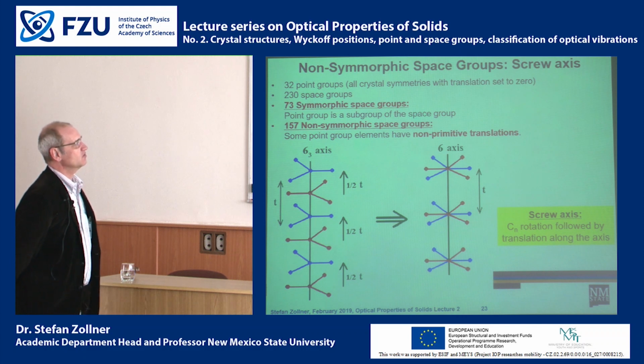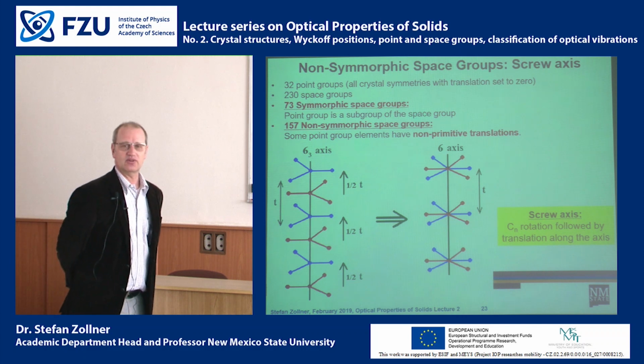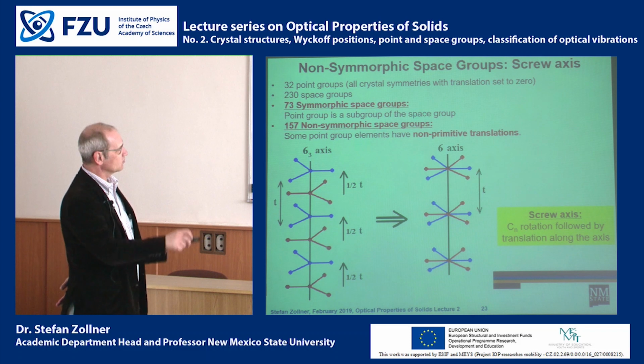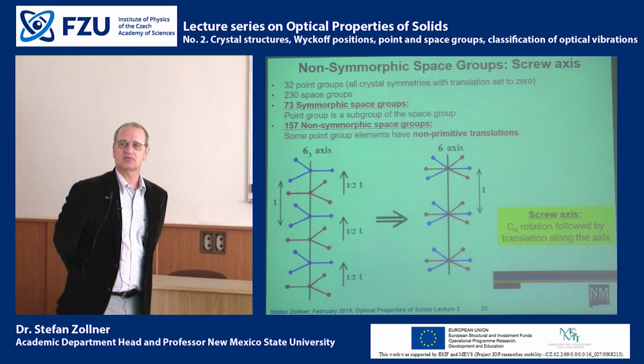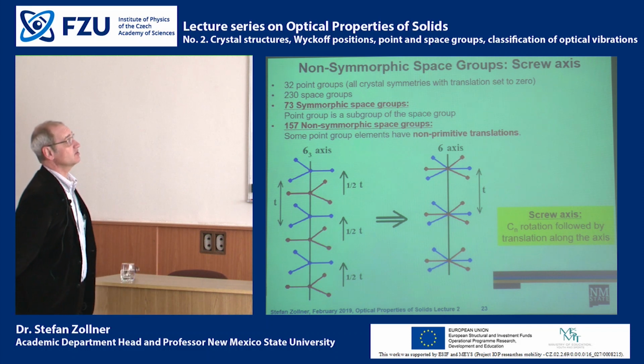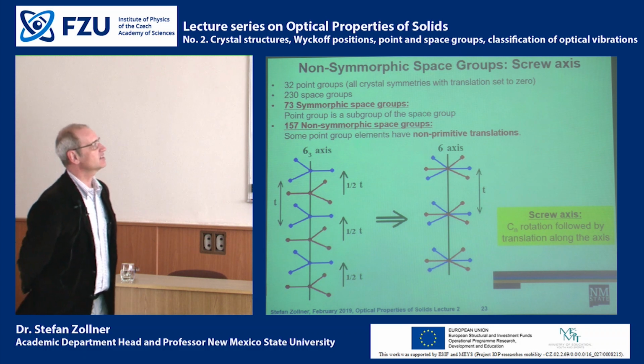But now let's assume that the red and blue atoms are the same. Then I can also rotate, but then I must follow up with a translation by half a repeat length.